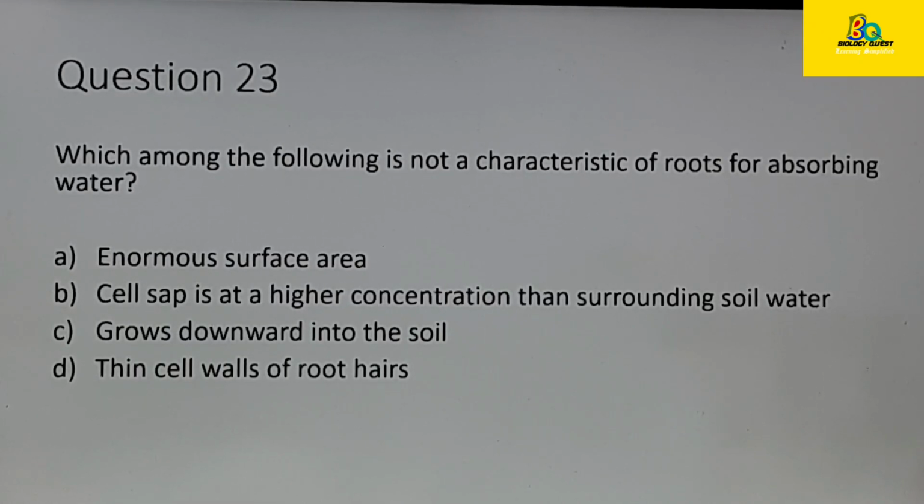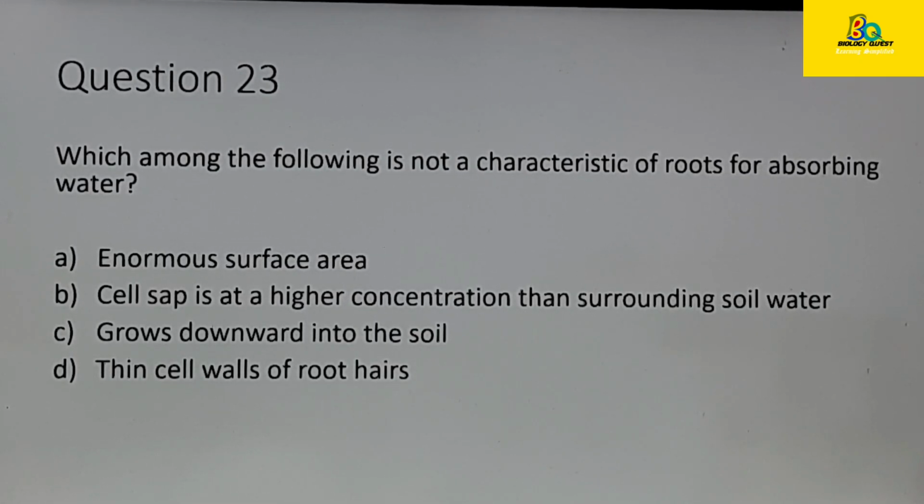Third option, grows downward into the soil. Okay, that is not a characteristic of roots for absorbing water. And D, thin cell walls of root hairs. That is also a characteristic which enables the root in the absorption of water.